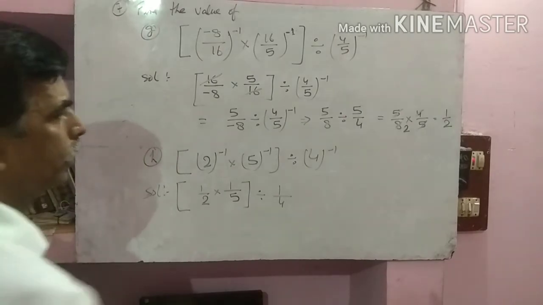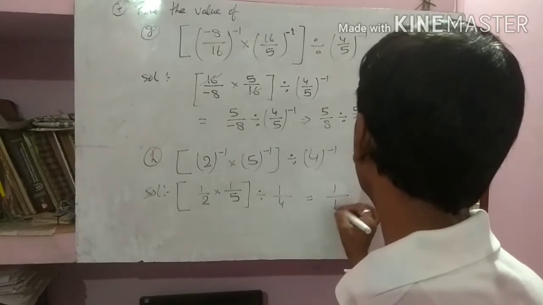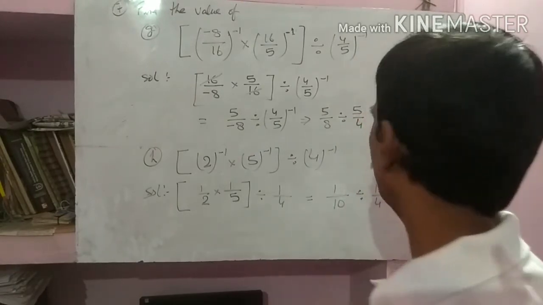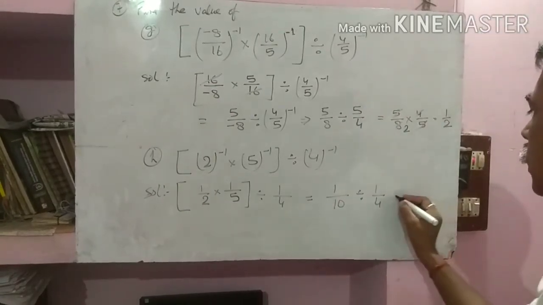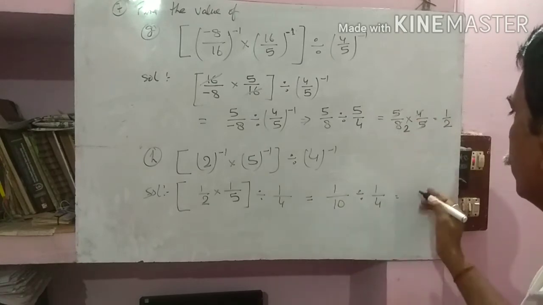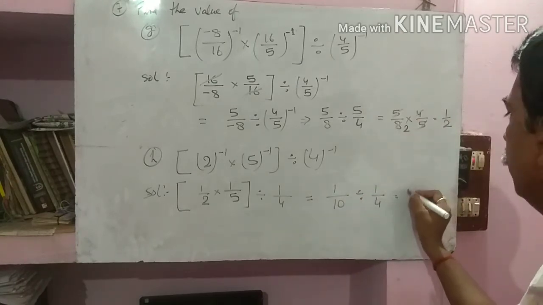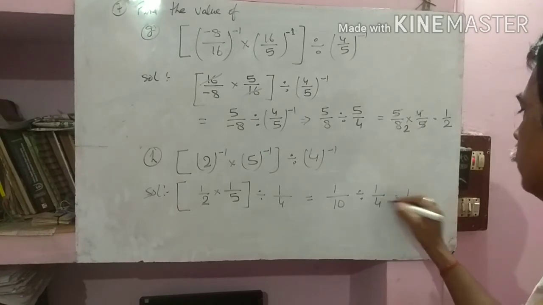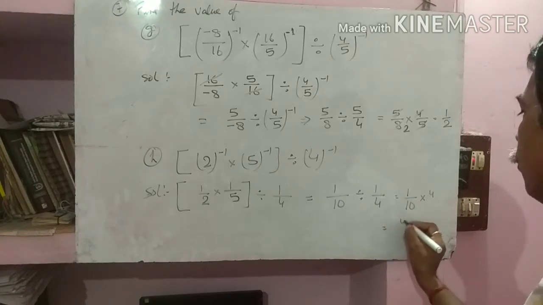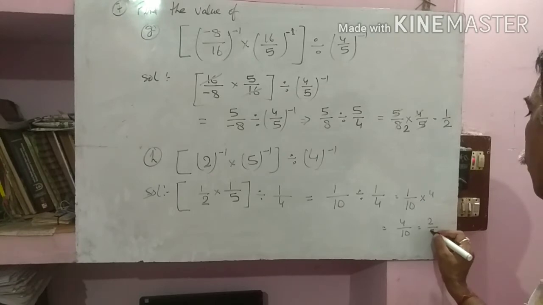Is it clear? So if we multiply these two, what will we get? 1 by 10 divided by 1 by 4. In converting the sign of division to multiplication, this value becomes its reciprocal. So it becomes 4. So this is 4 by 10, which is 2 by 5.